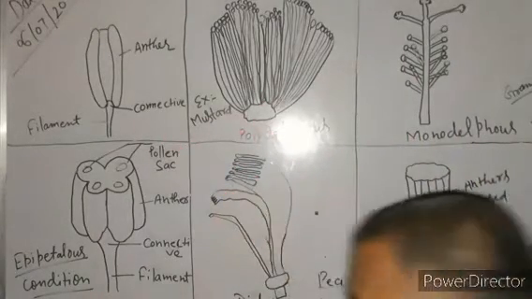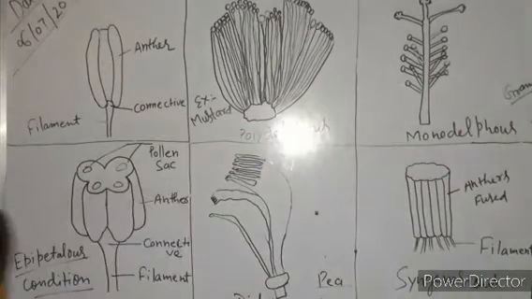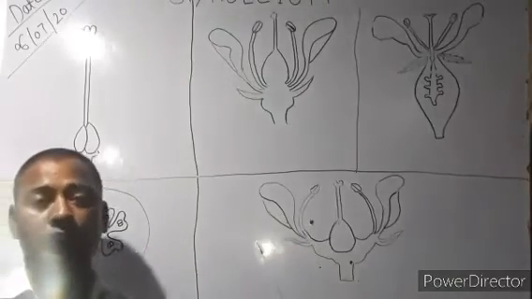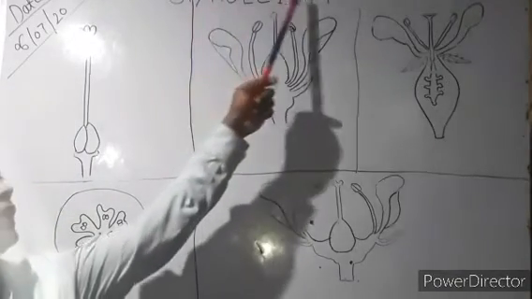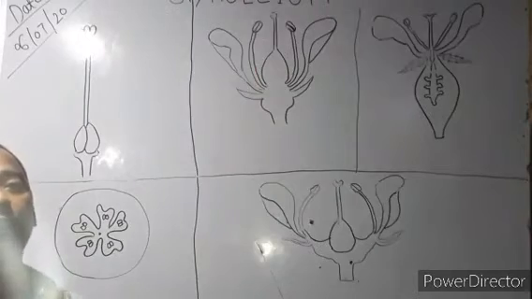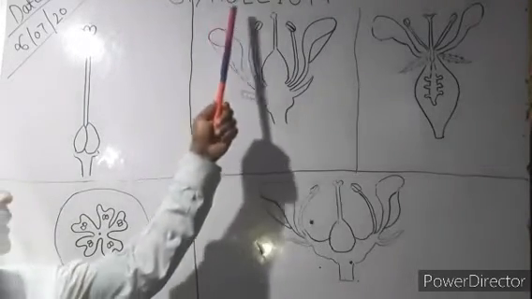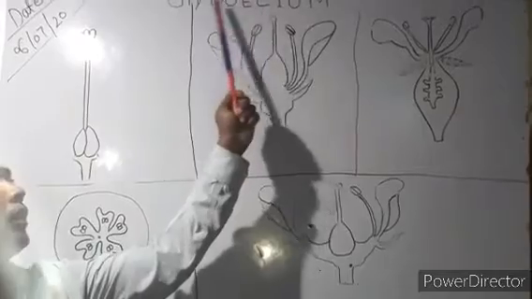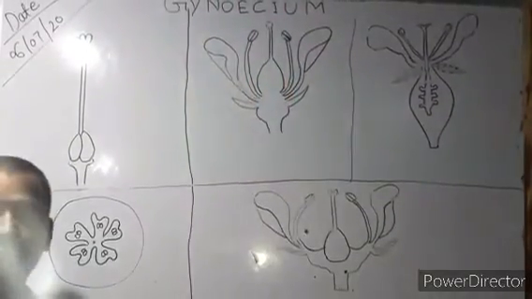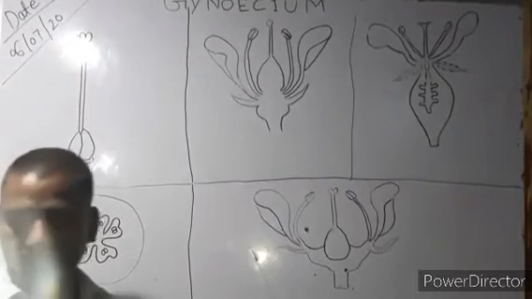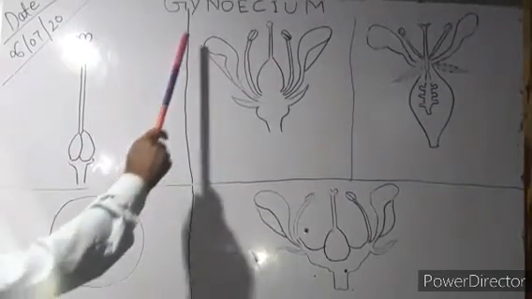First of all, the numbers of stamens and the positions of stamens. After that, I will talk to you about the gynoecium. We were discussing the gynoecium, the innermost whorl of the flower, which is the fourth whorl.